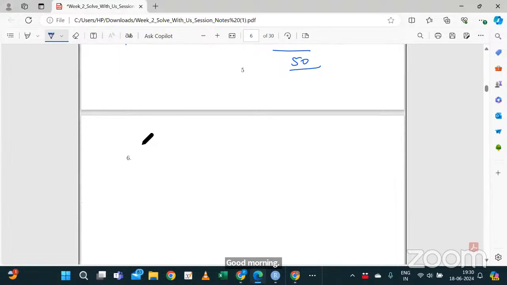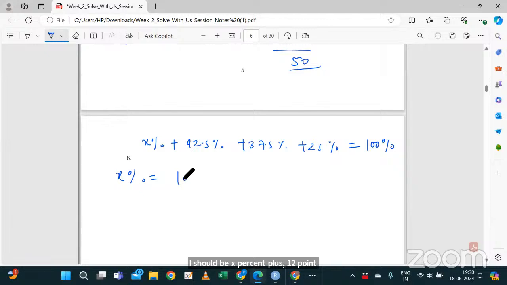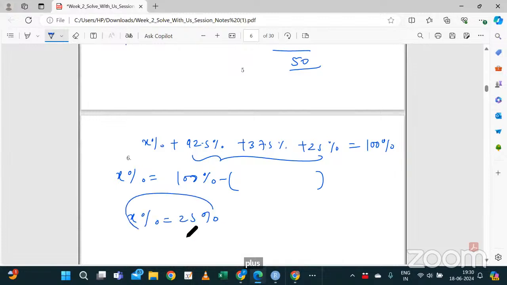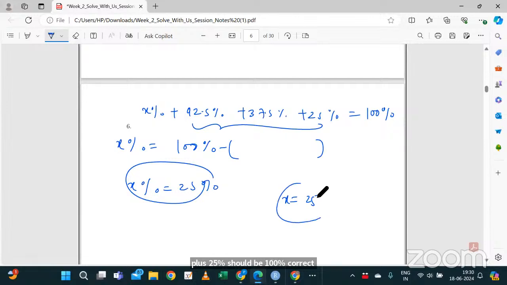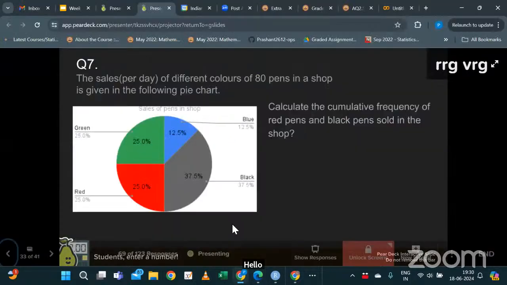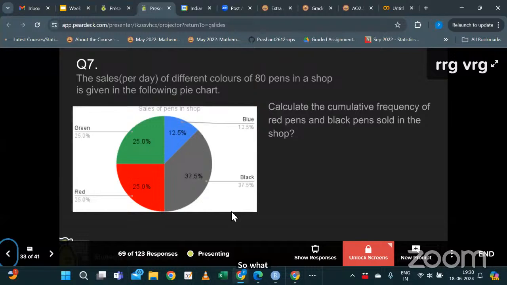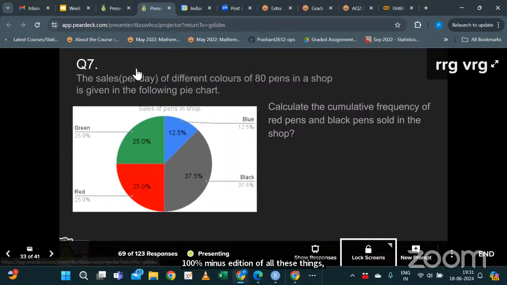It should be X percent plus 12.5% plus 37.5% plus 25% should be 100%, right? So X percent will be equal to 100% minus the addition of all these things. Then you will get X percent, let's say 25%, because we know the answer. So the value of X will be 25, right? Yes. Sorry for disturbing you with basic mathematics, but you have to keep this in your mind. If you are okay with this, so yeah.